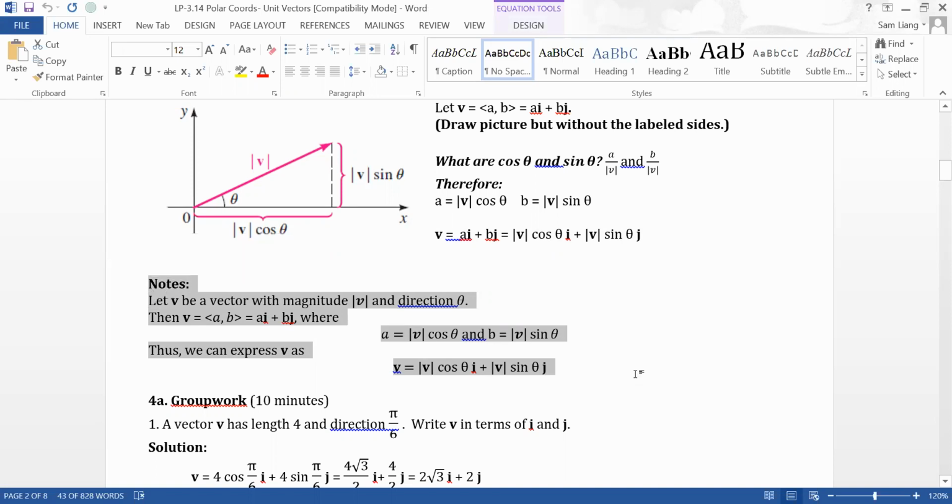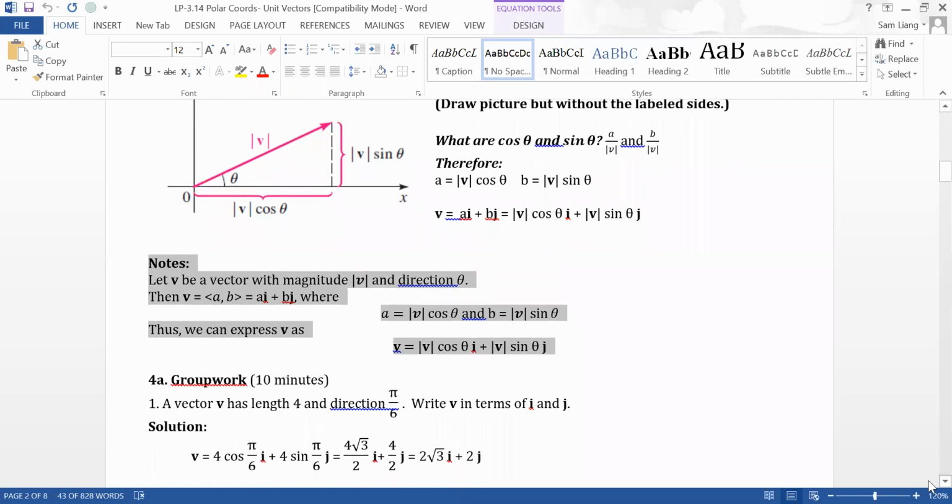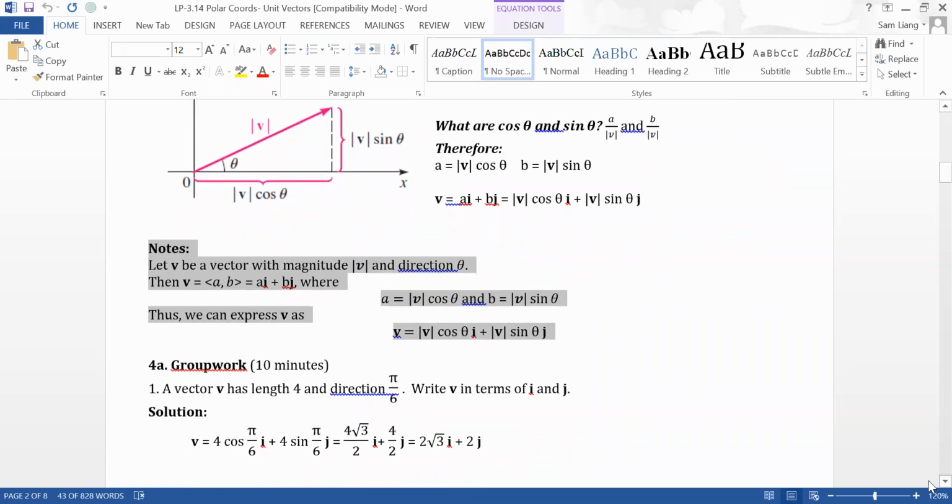Okay, any volunteers to read this? Let v be a vector with magnitude, absolute value of v, and direction theta. Then v is the vector ab, where ai plus bj. I don't know how to do this part.